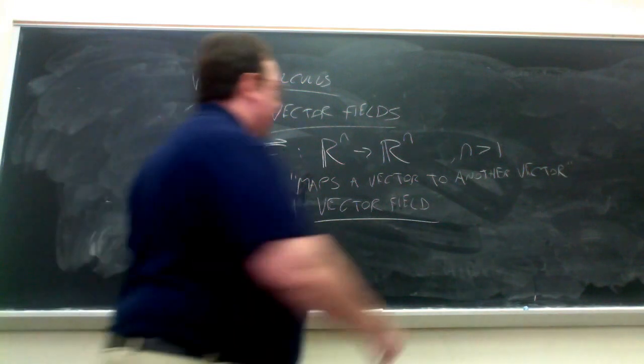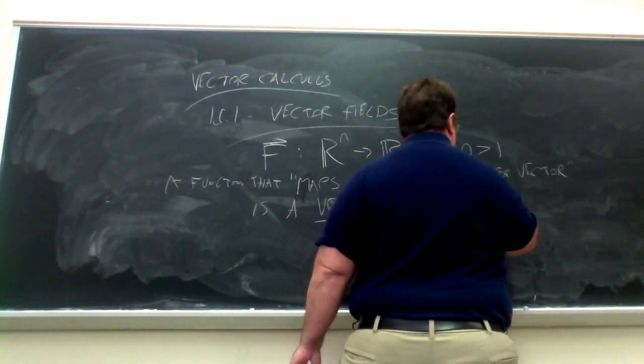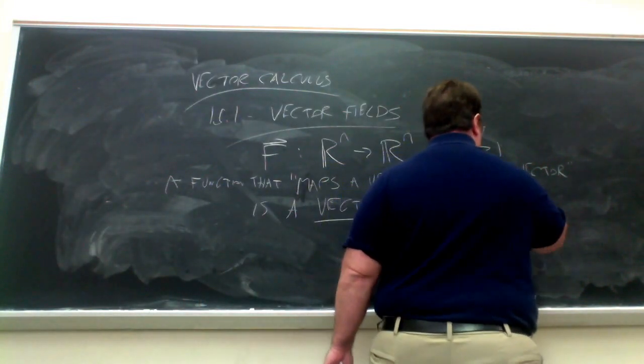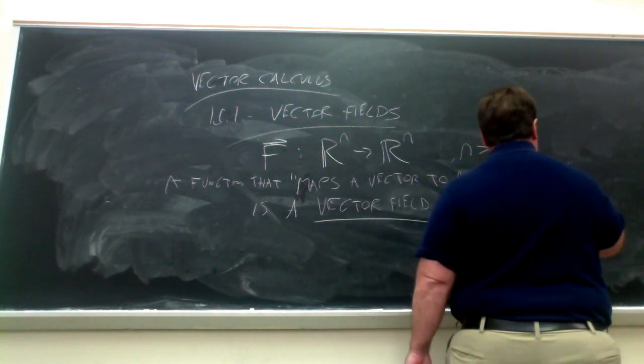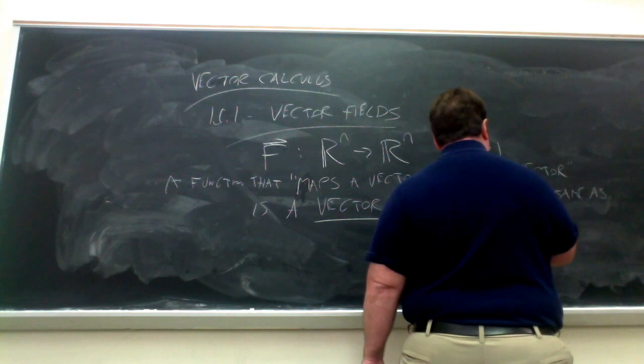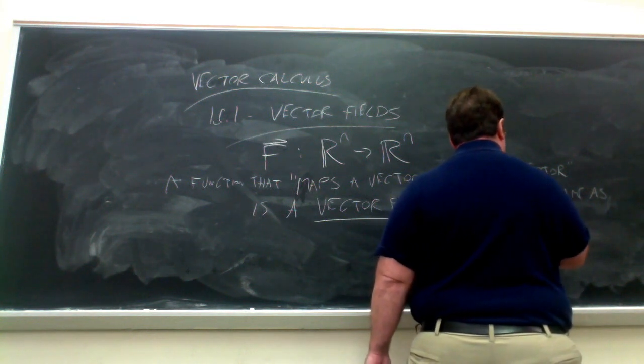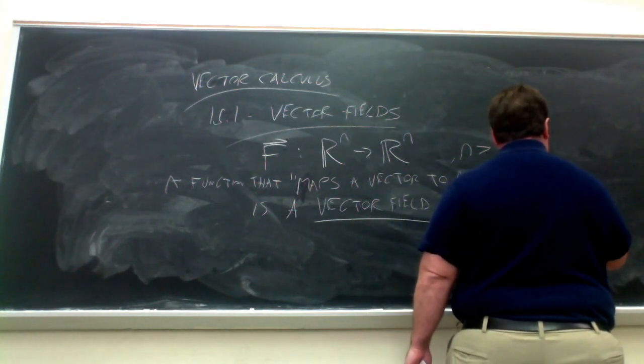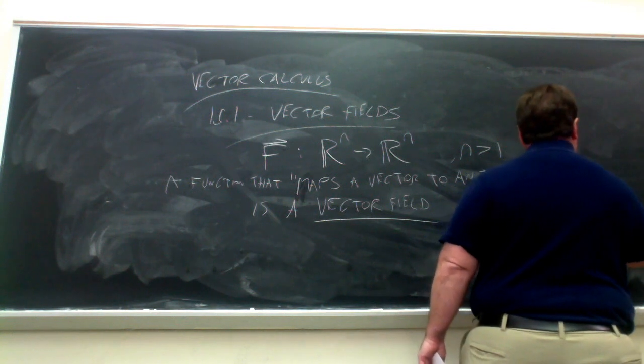Now, I want to emphasize, in contrast to another term that I've used before, it is not exactly the same as what I've referred to as a vector valued function.